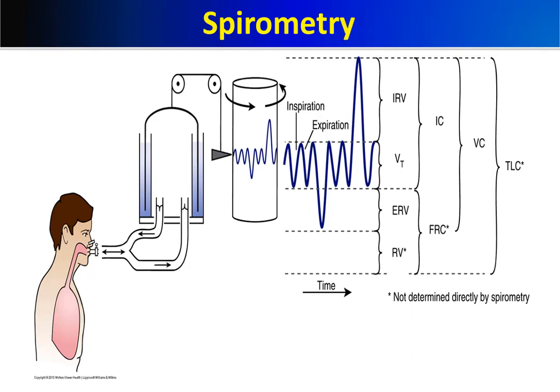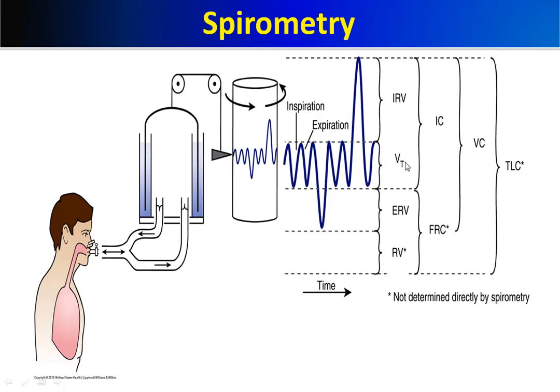We have then lung volumes, each of which is composed of only one volume. Like the residual volume, the volume of air which remains inside the two lungs even after forced expiration. And we have the expiratory reserve volume, the volume of air which can be expired further after the tidal volume using forced expiration.